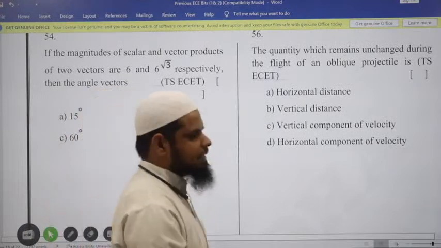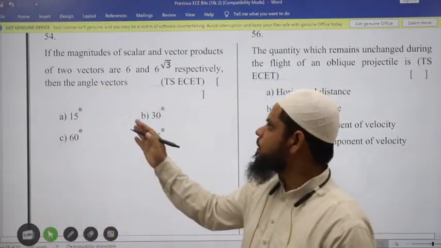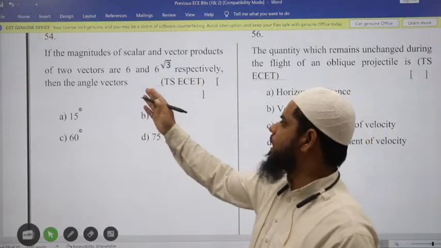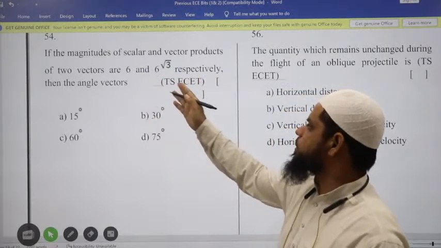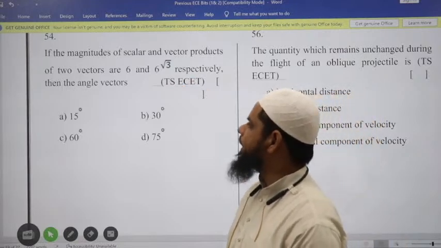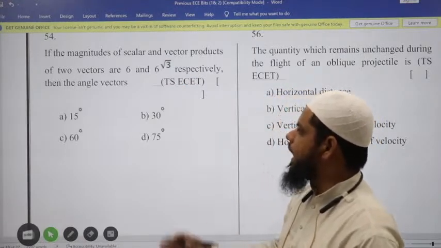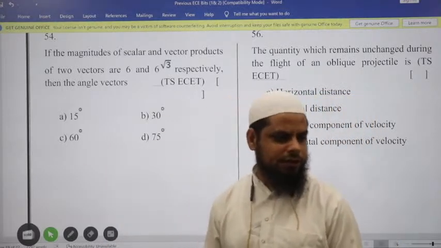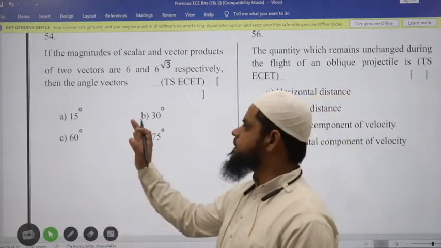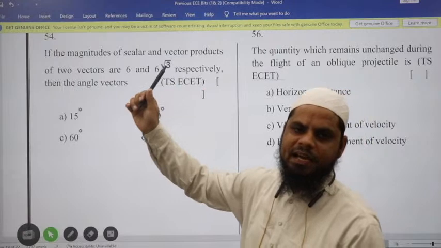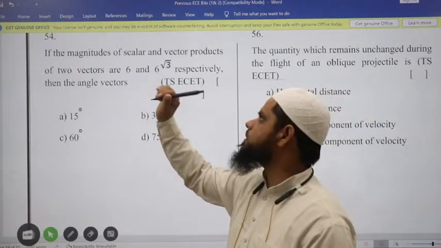Yesterday we have seen this kind of problem. If the magnitudes of the scalar and vector product of two vectors are 6 and 6 root 3 respectively, then what is the angle between the vectors? Can anyone guess this answer, please? The scalar product is AB cos theta, which is given as 6.